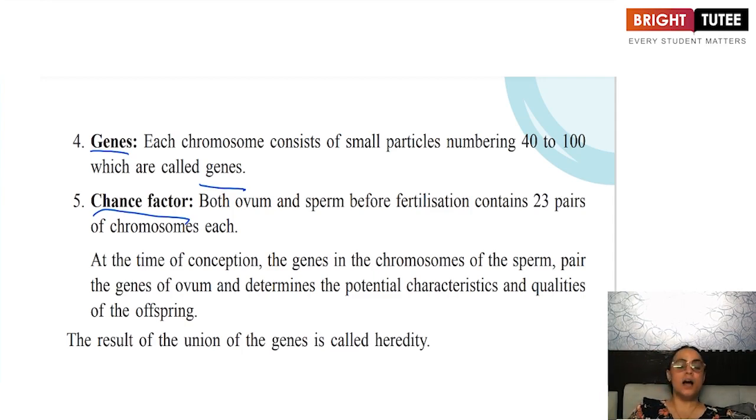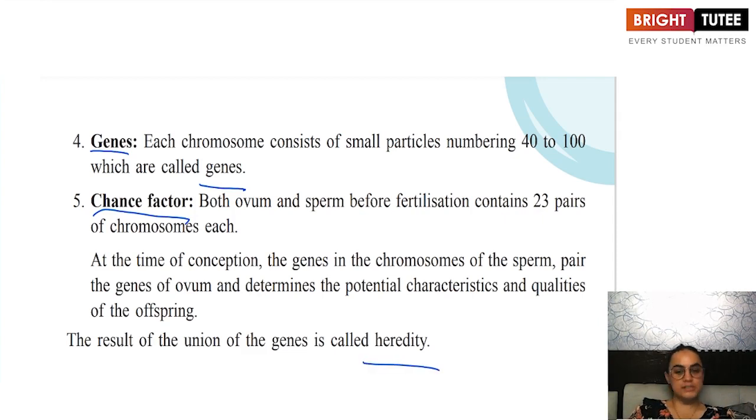And that is how the qualities, the characteristics, the features and everything of the offspring, of the unborn child is determined. And this union, the result of what happens after mating, after chromosomes, after genes, after chance factors is heredity.